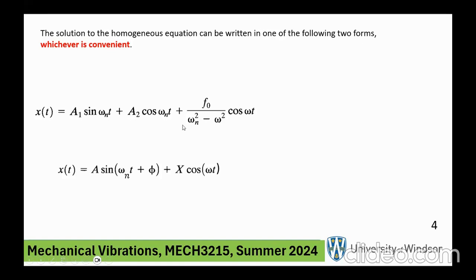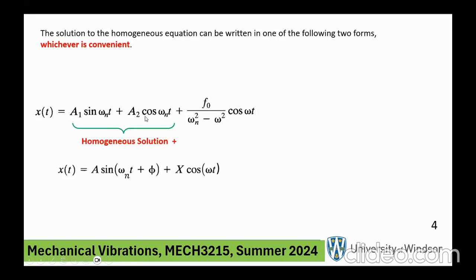Or you can write it as a big A, unknown, sine of omega n t plus a phase angle. And this, of course, you can write as big X, because that was big X, omega t. The point is right here. You see this?